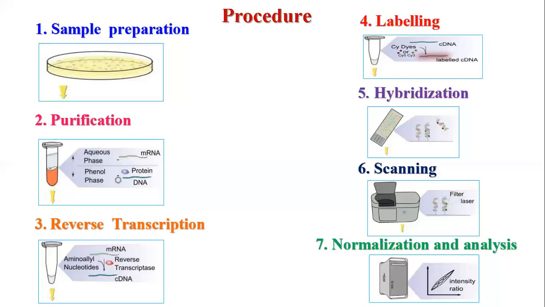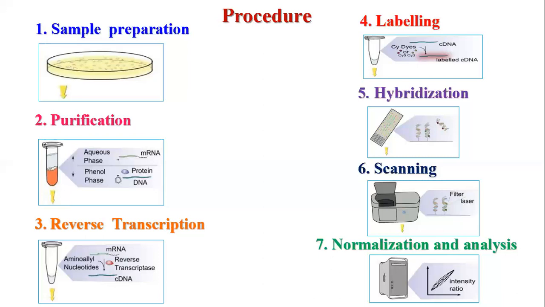So we need messenger RNA from the cells, and then we have to go for cDNA synthesis, meaning reverse transcription from mRNA to cDNA. So the first step is sample preparation, the second step is purification of mRNA.